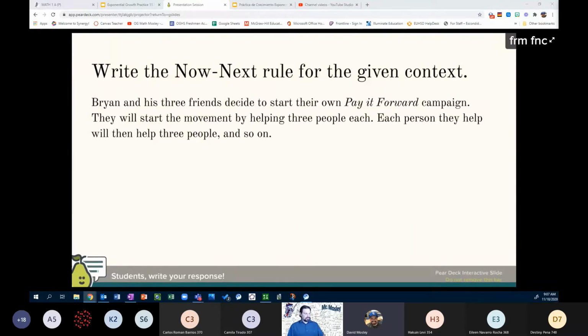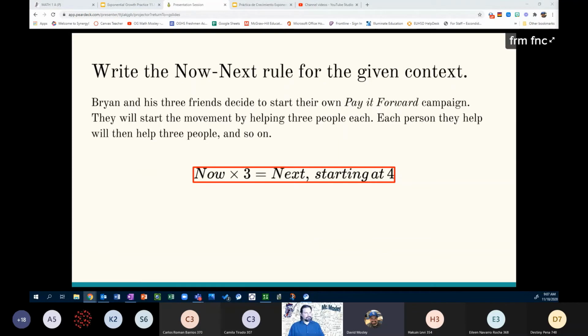Okay. So we're gonna look at the solution to this one. So the now next rule for this will be now times 3 equals next, starting at 4. Some of you had this, some of you guys are working on getting there.